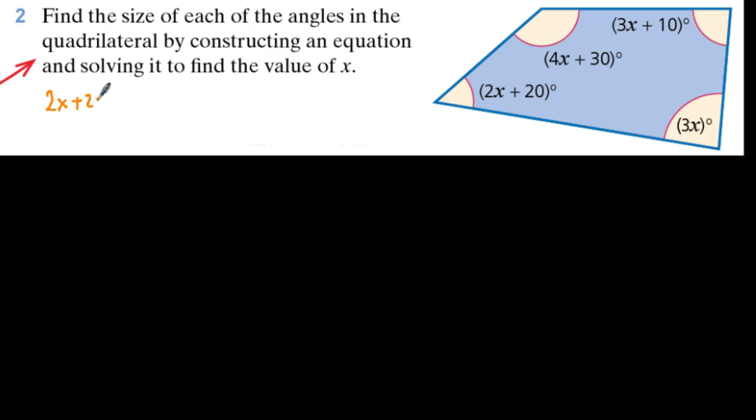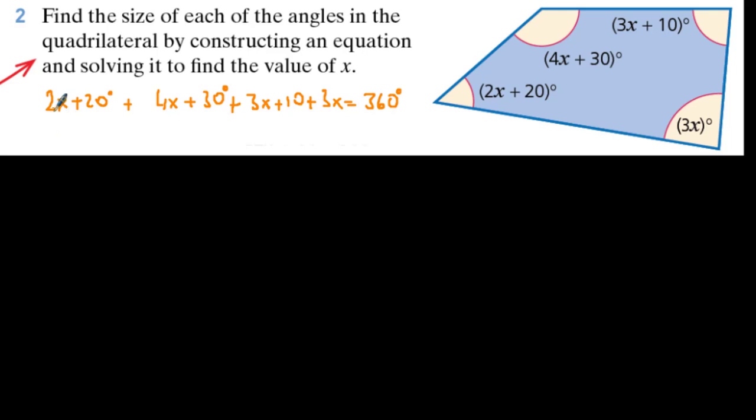Okay, here we are going to find each interior angle of the quadrilateral by constructing an equation, and we need to know extra information again. The sum of the interior angles of the quadrilateral is 360 degrees, which means that when you add up these angles, it should give you 360 degrees. So 2x plus 20 plus 4x plus 30 plus 3x plus 10 plus 3x has to be equal to 360.